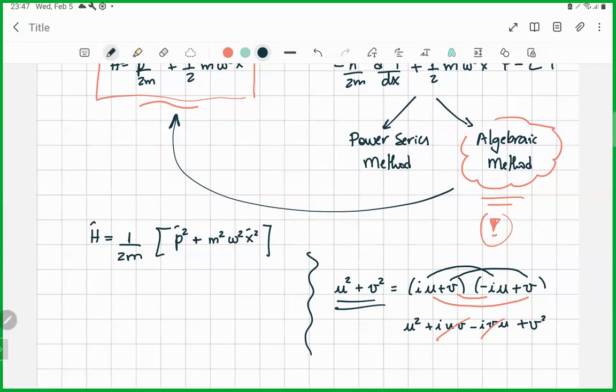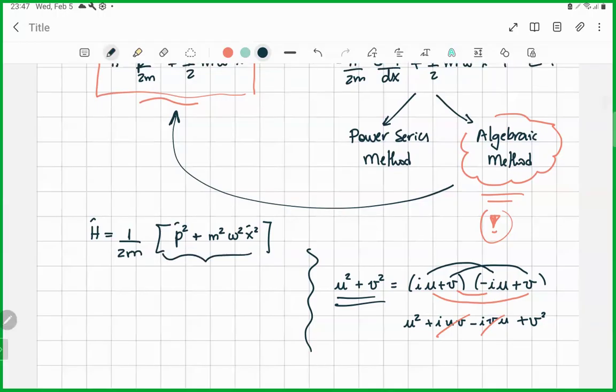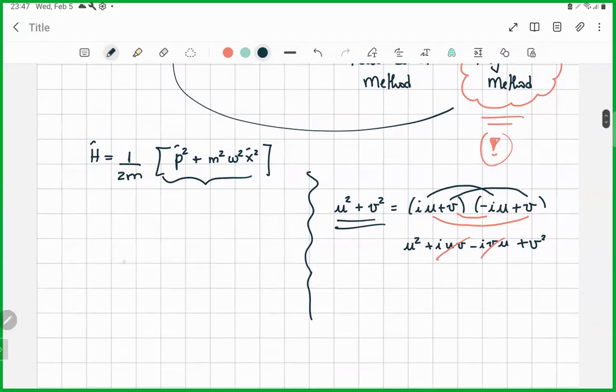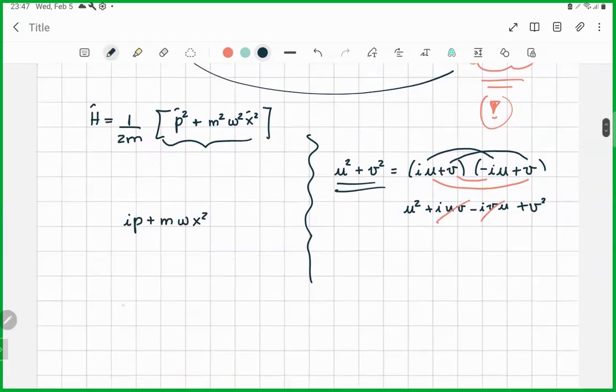So motivated by this, we are going to try to factor this term. Well, let's see. If I just follow what we wrote on the right side, I'm going to try the following: i p plus m omega x, and the other term, I'll try to use minus i p plus m omega x.